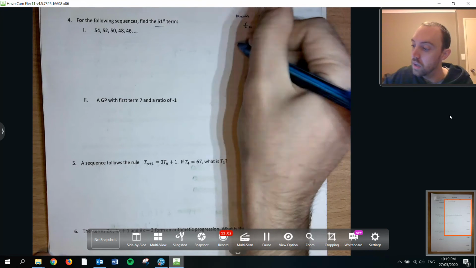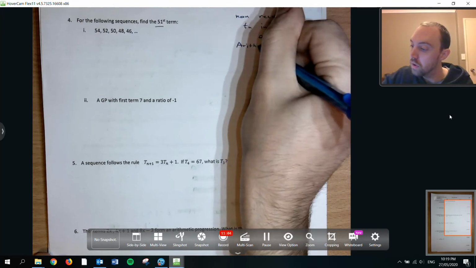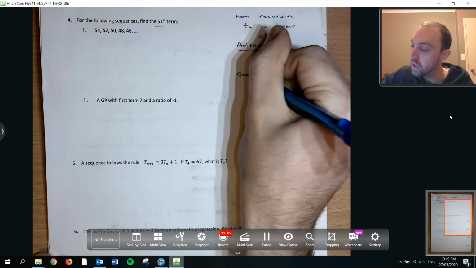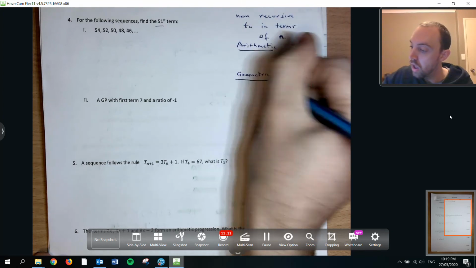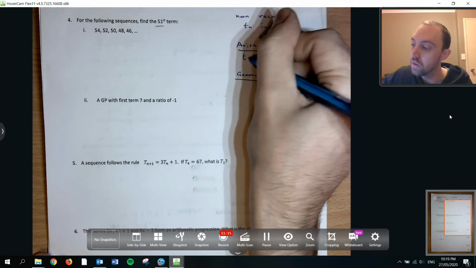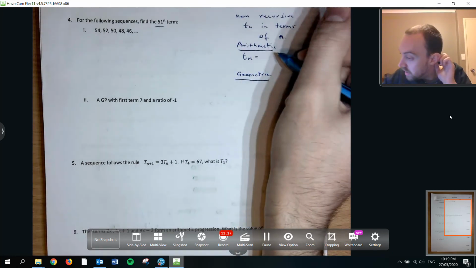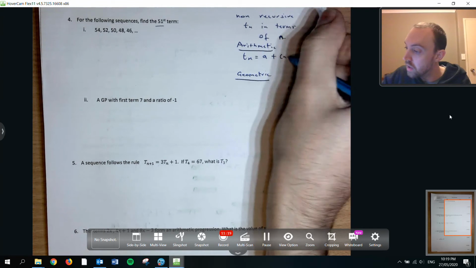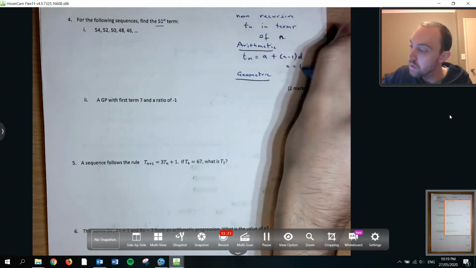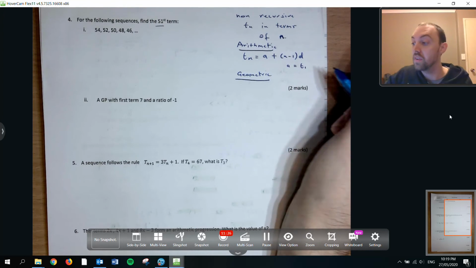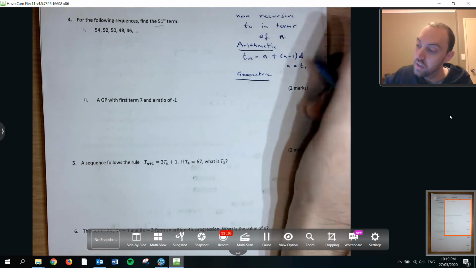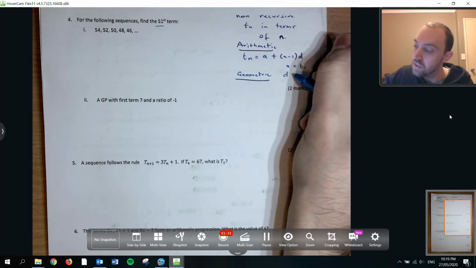Okay, and so we have two types of rules here. We've got arithmetic and we've got geometric. Your arithmetic looks like Tn is equal to a plus n take 1 d, where a is your first term, or t1. If it's t0, this rule actually changes a little bit. Okay, and d is your common difference.